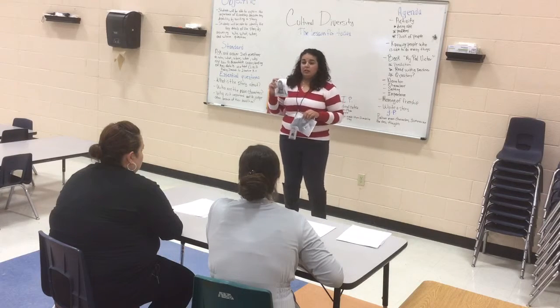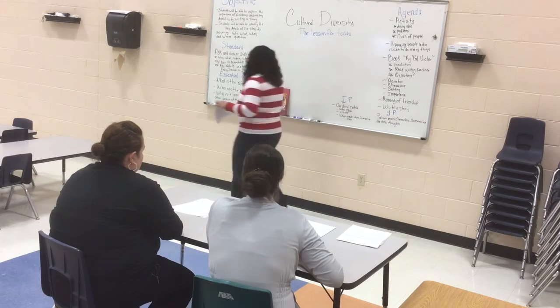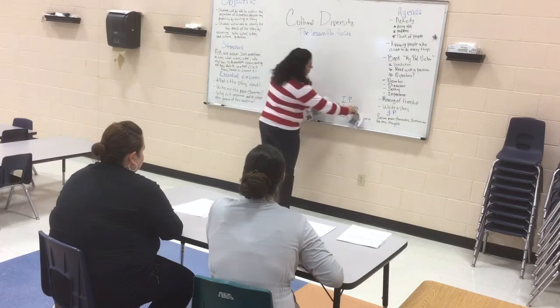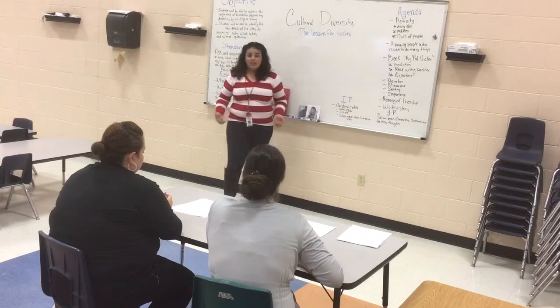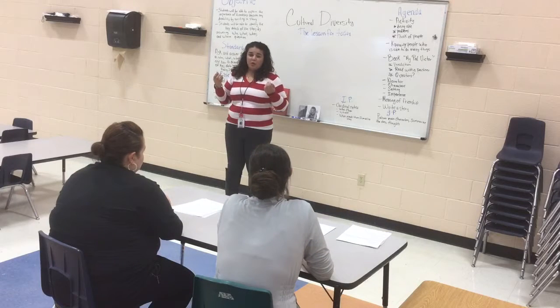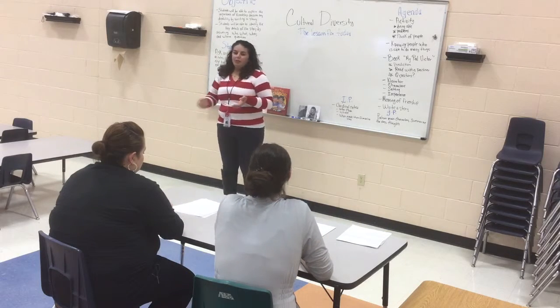He does have a disability. He has autism. So, all the people here have a disability. So sometimes we can see a disability physically, and sometimes we're not able to see it because they look like any normal person.